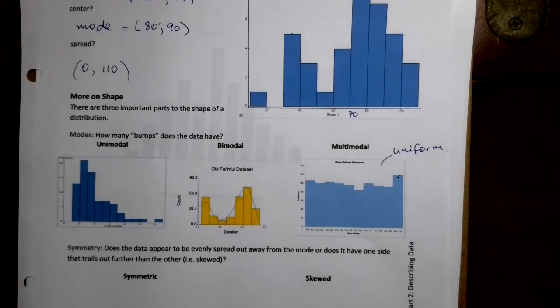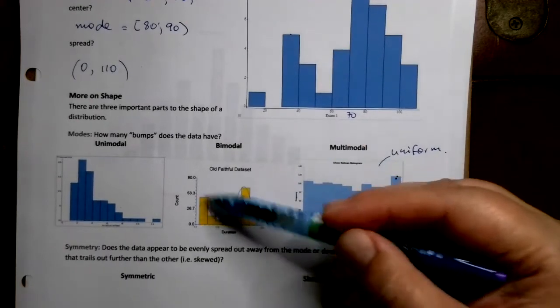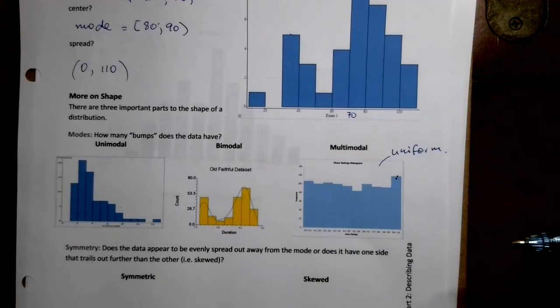The bimodal distribution would usually come up when you combine two different populations with two different modes, two different peaks. For example, if we combine the heights of men and heights of women. Usually men have a higher average height than women, but if we combine them, we could get a bimodal distribution.